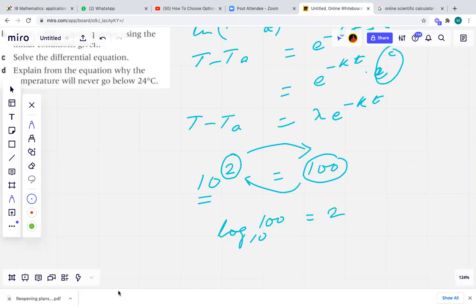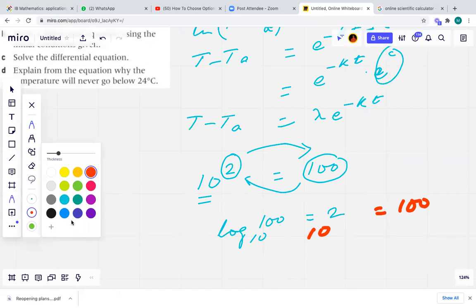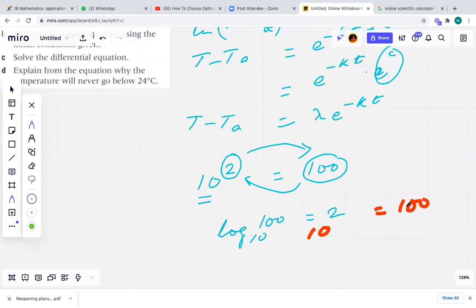Please look at this: 10 to the 2 is 100. I'm not changing the base. When I'm writing in logarithm form, the base is still the same. Instead of 2, I've got 100. Did you understand?